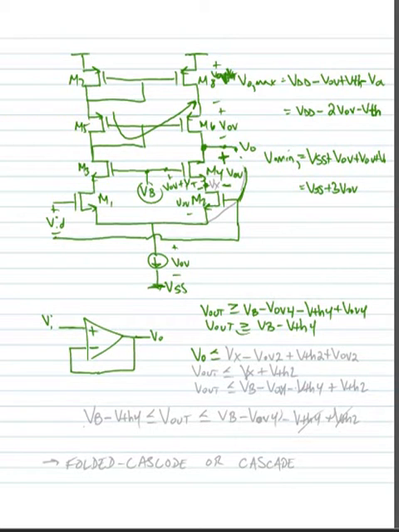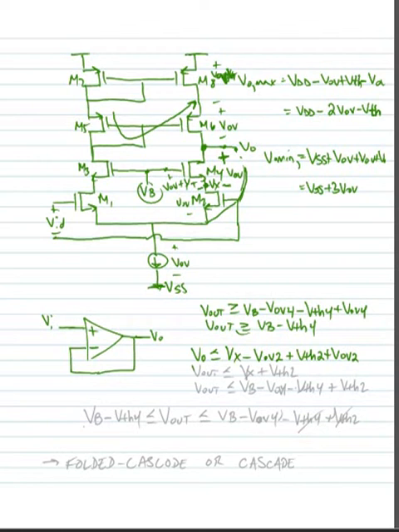So I can say V out has to be less than, let's call this node X, Vx minus a VOV2 plus a VTH2 plus a VOV2. And again, this has to do with the fact I start at this node, I go down through this VOV and up this VGS, which is tied to the output voltage.